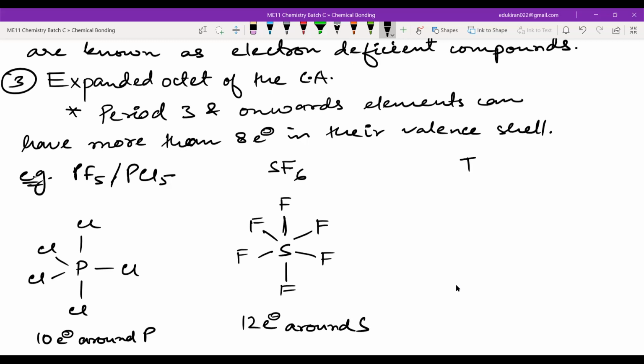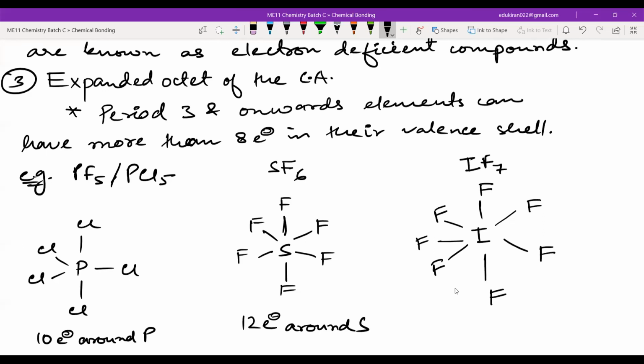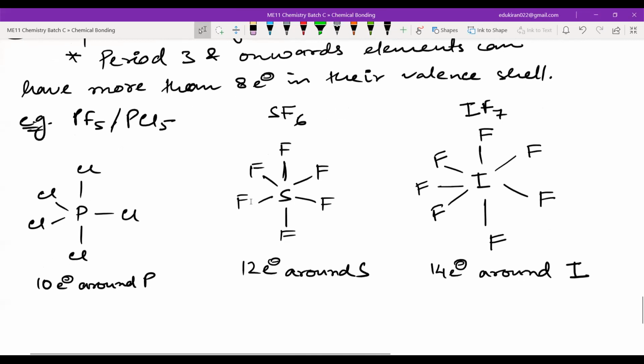Iodine can have IF7: 14 electrons around iodine.